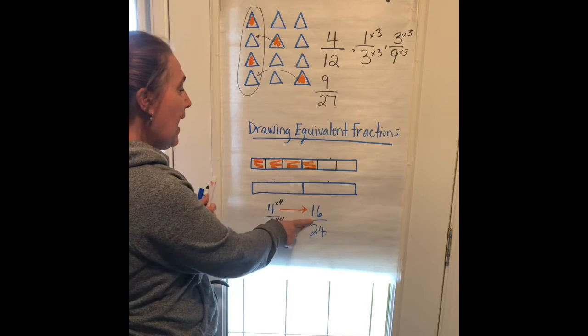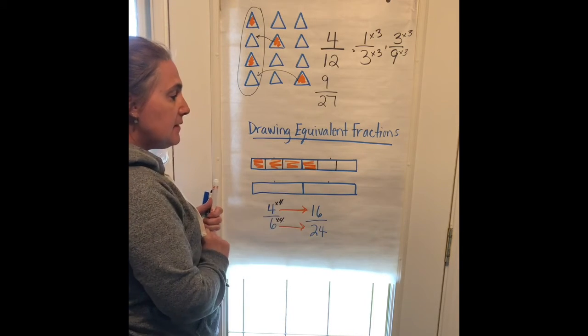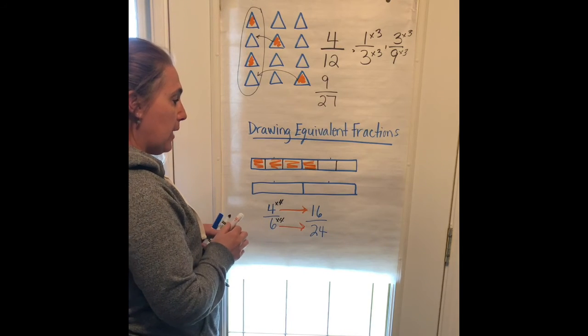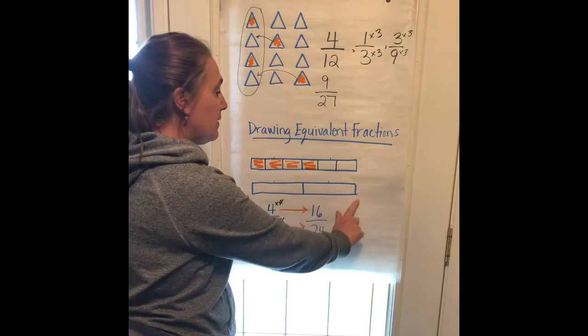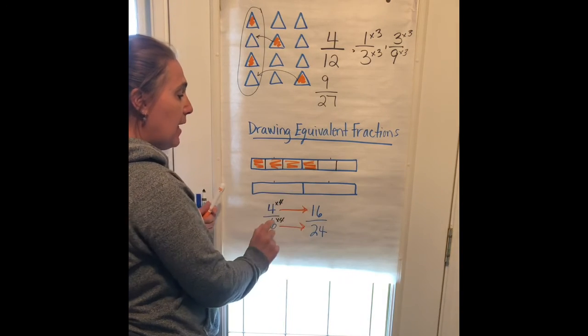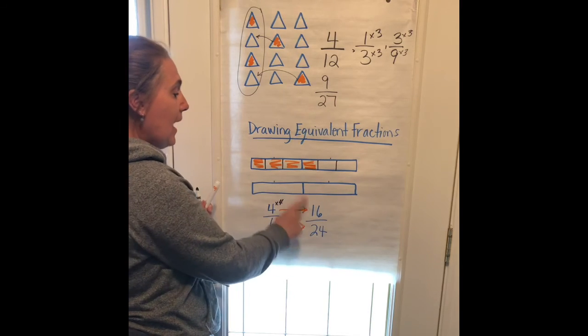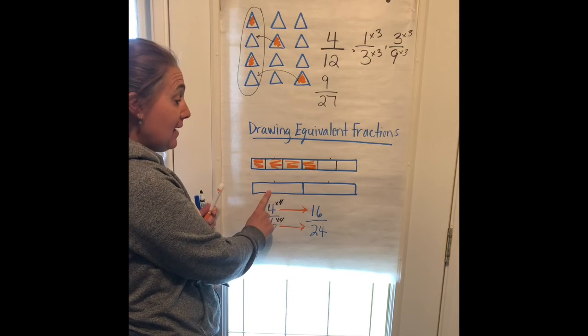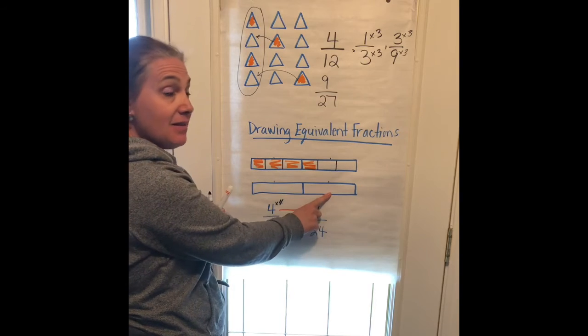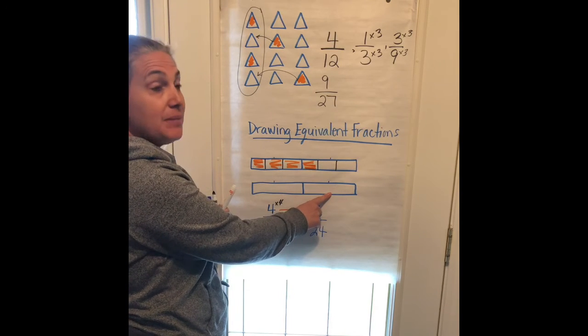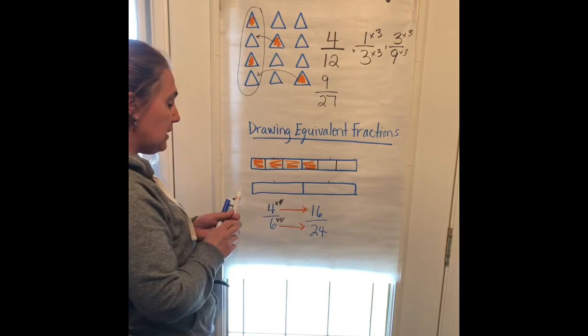All right, then I'm going to show why 16/24 is equivalent in my picture. So again, I divide the same size bar in half. Now I know that I need to color in 16 parts. So I need to divide this side into 8 sections and this side into 8 equal sections so that I have 16 total.